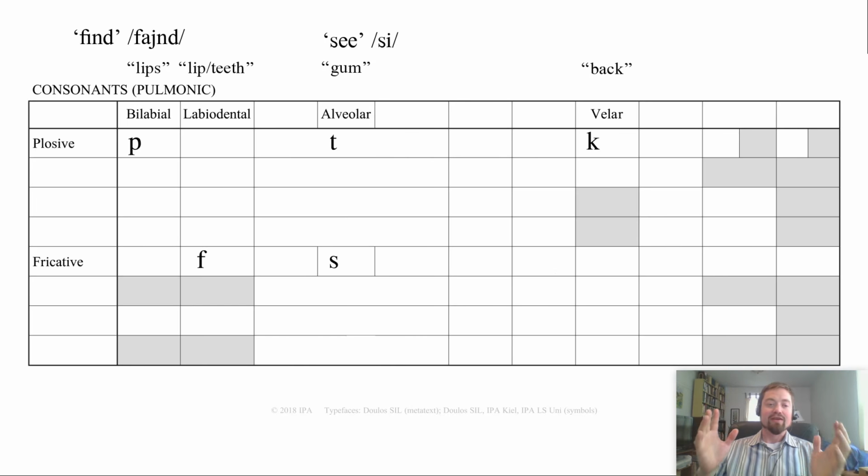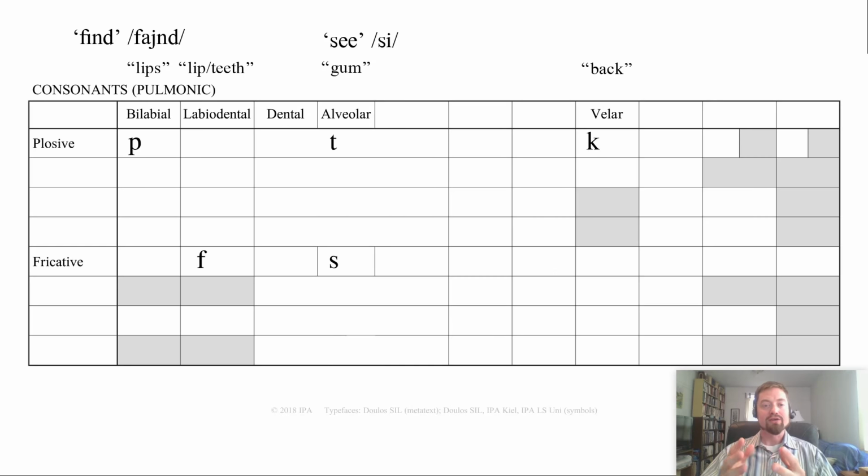Now, like I said, fricatives are very popular. It's easy to make many different sounds with them. And you have options where it's not really possible to make a plosive, but we can make that kind of friction sound. So there's another sound which is made close to an S, but instead we make it with our teeth.